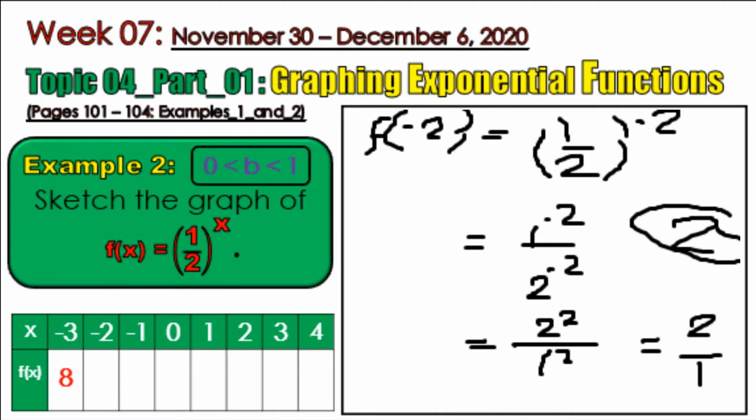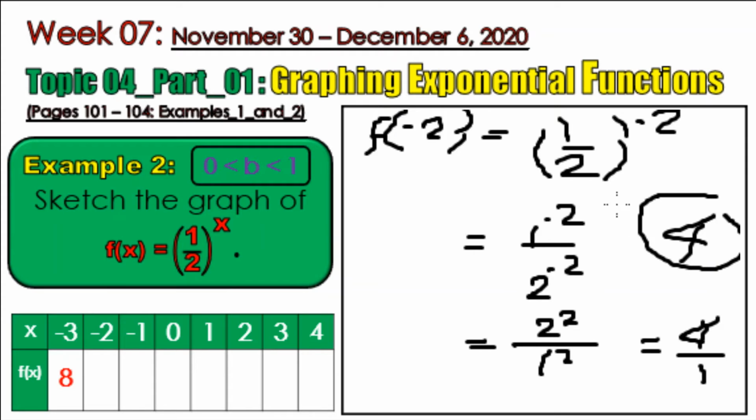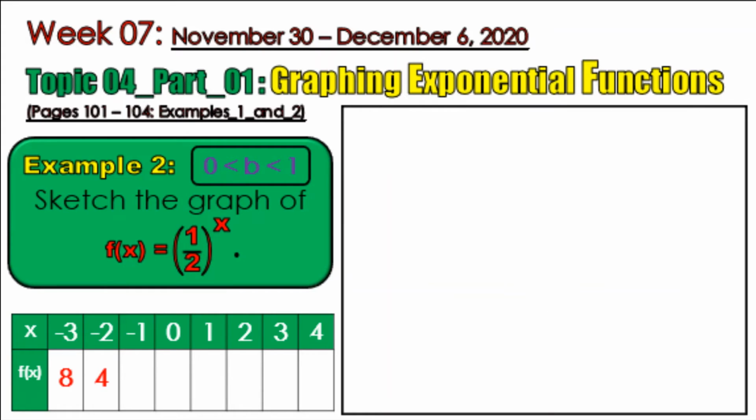I am sorry, 2 squared is 4, over 1, and our final answer is 4. Therefore, if our x is negative 2, your y is positive 4.